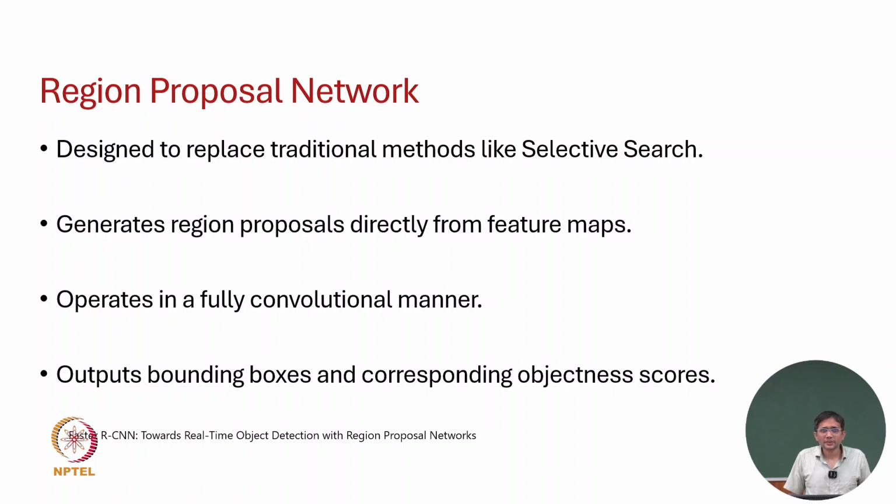It outputs bounding boxes and corresponding objectness scores. So for this region proposal generation, this objectness score is something important. And what we see in the case of Faster RCNN is that this is the main innovation. The other parts may remain just the same, so that's not something we want to discuss again.